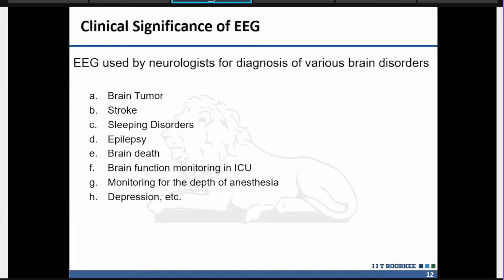And from those signals, we can actually diagnose many neurological diseases. For example, it could be brain tumor, stroke, sleeping disorder, epilepsy, brain death, brain functioning, monitoring of the depth of anesthesia, depression, stress.